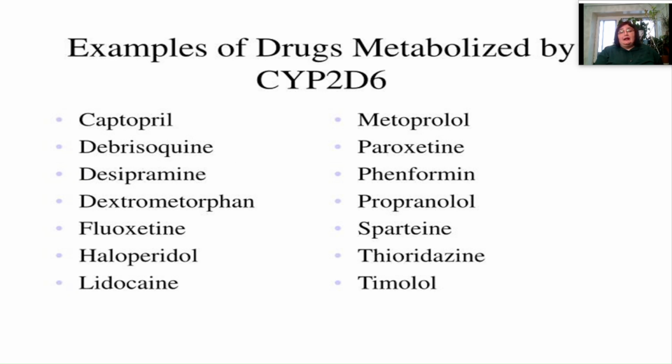Examples of drugs metabolized by cytochrome 2D6 are captopril, debrisoquine, desipramine, dextromethorphan, fluoxetine, haloperidol, lidocaine, metoprolol, paroxetine, phenformin, propranolol, sparteine, thioridazine, and timolol.